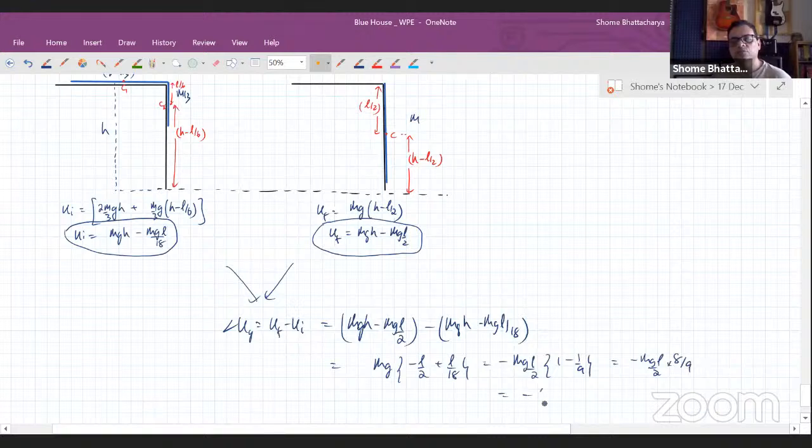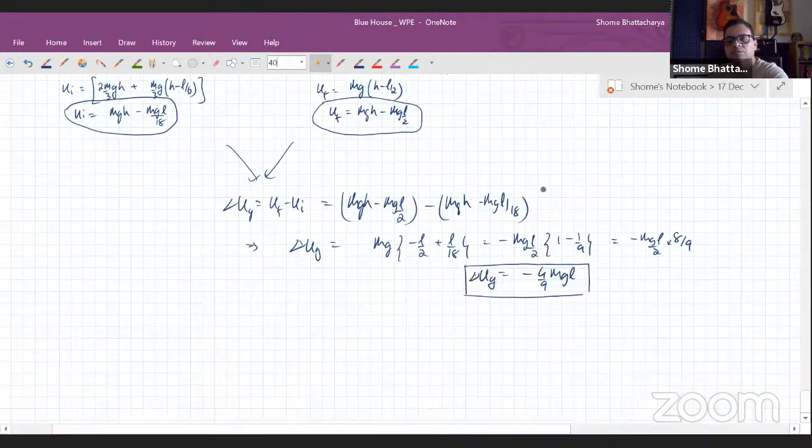So minus 4 by 9 mgL. That is the change in gravitational potential energy. And it's expectedly negative because the mass is coming down. So this is our change in gravitational potential energy.